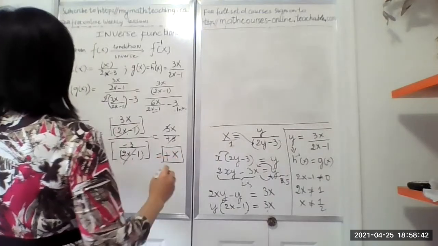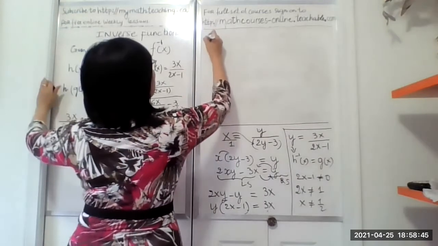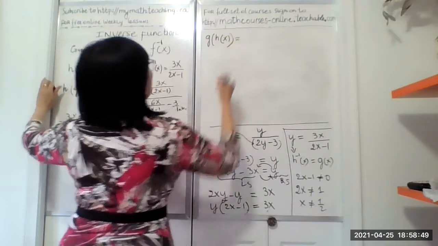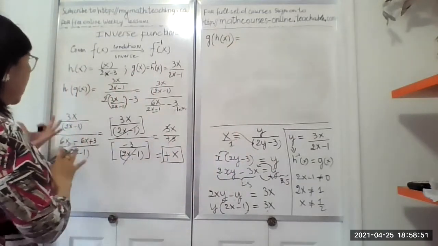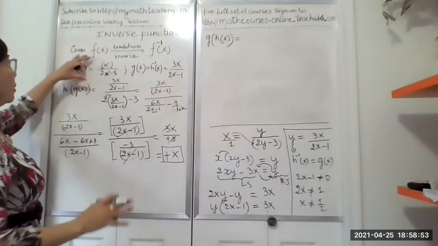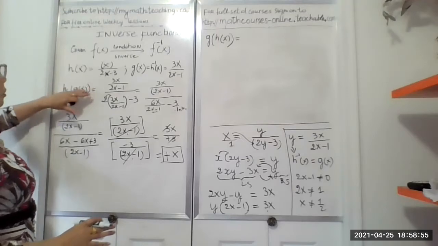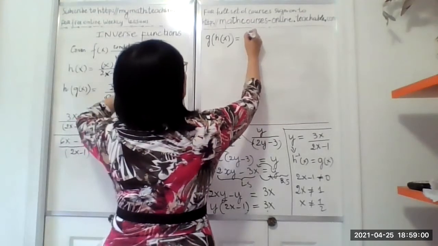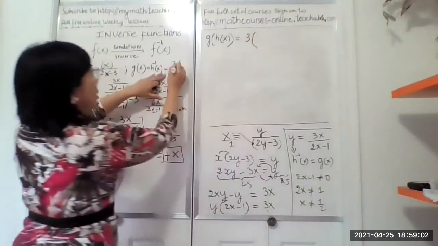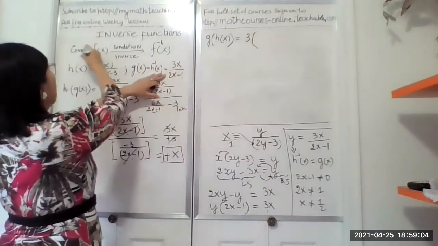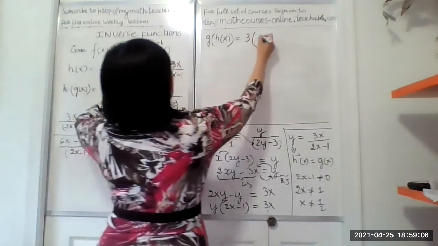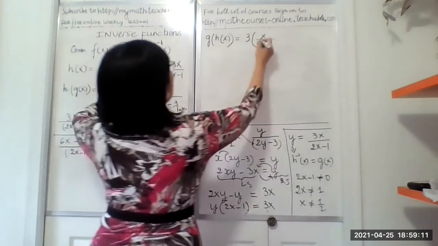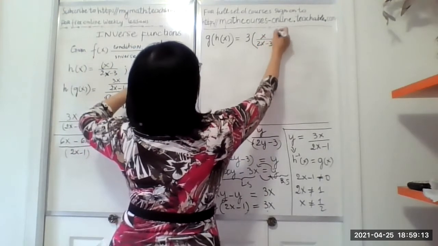Now let's find out the other function to see if we get the same. So now I'm going to find g of h of x. Now we reverse. The g will be the outside function and the h of x will be the inner function. So the g of x here is 3x on the top. So whatever x is here, we will substitute by the whole h of x function, which will become x divided by 2x minus 3.